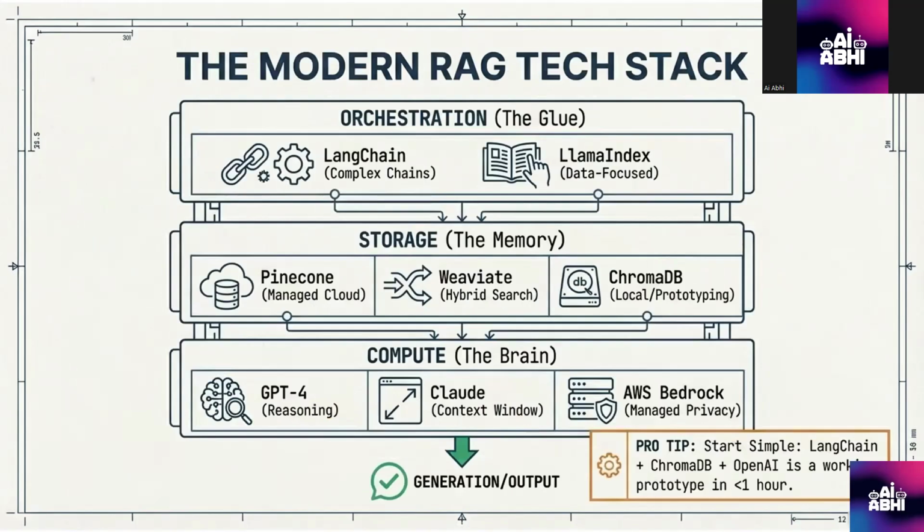So let's move to the tools and stack. Let's talk about the tools you would actually use to build this. I'll keep it practical. First, frameworks like LangChain and LlamaIndex. These are the frameworks you can use to connect the LLMs, vector DBs, and tools in one pipeline.